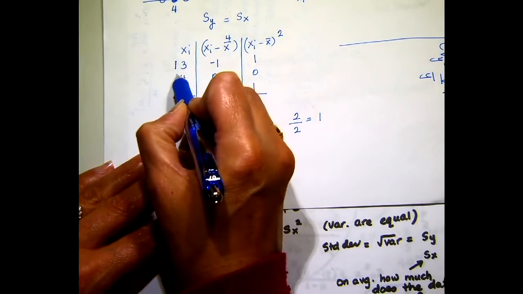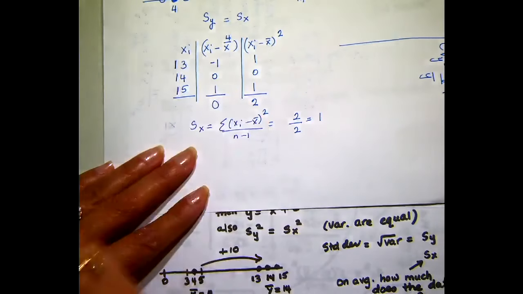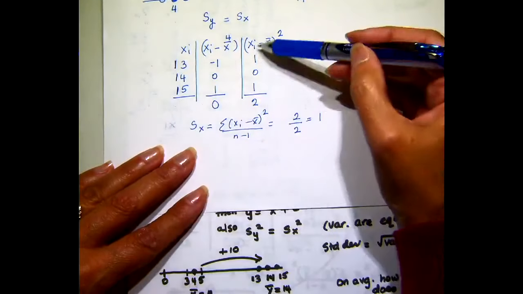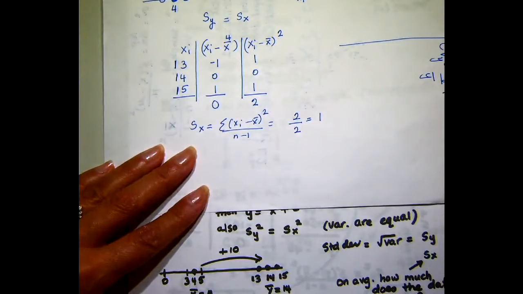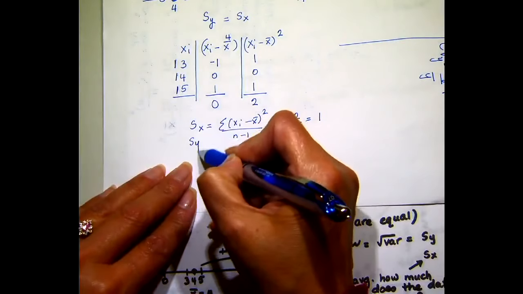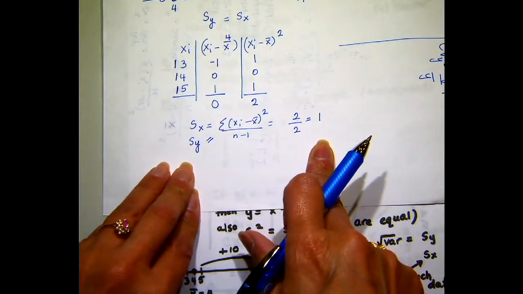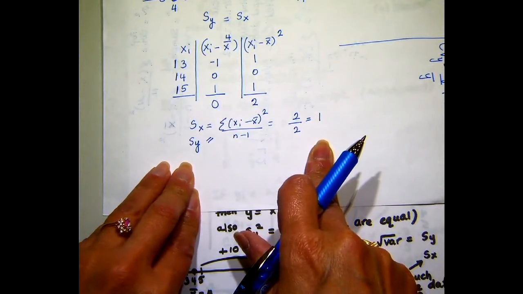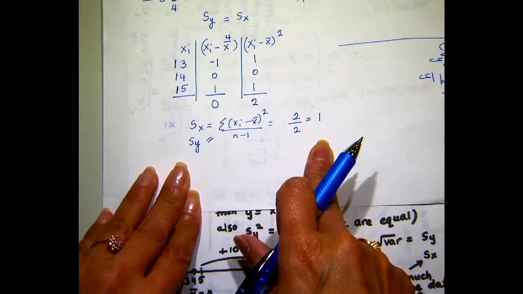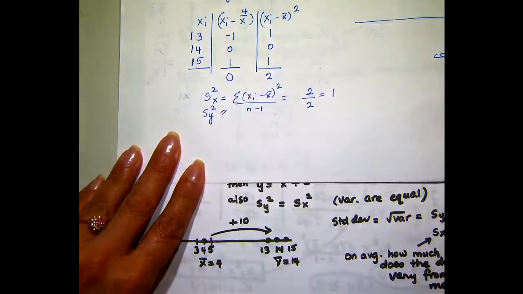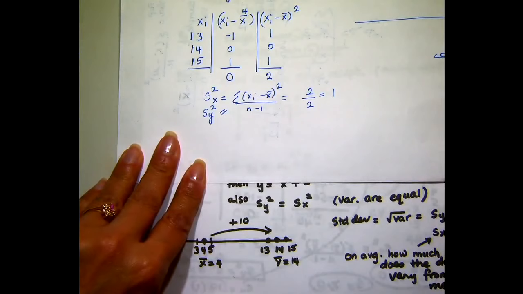Now if I do this for 13, 14, and 15, look what happens. This is a 13, this is a 14, and this is a 15. The mean is now 14. So I get exactly the same set of deviations and the same set of deviation squareds. So obviously Sy has to be equal to that as well. Follow me? Any question? So Sx squared is equal to Sy squared, which are the sample variances.